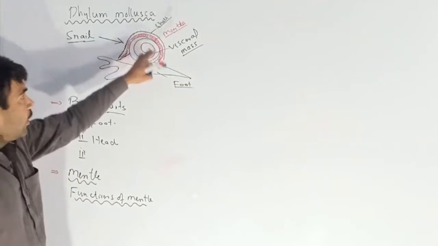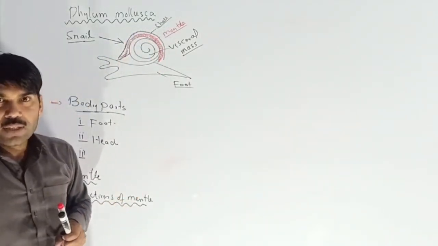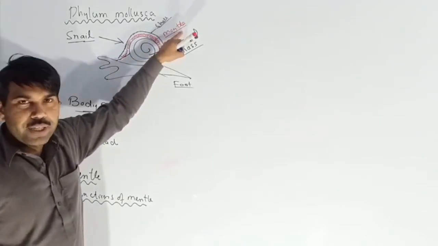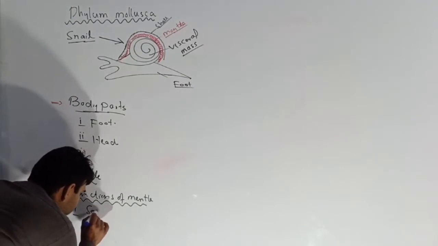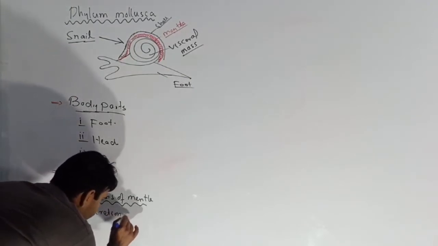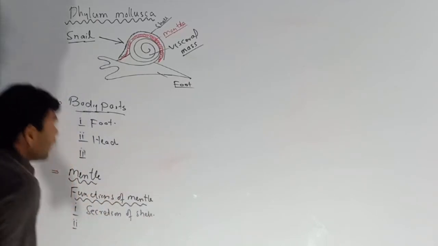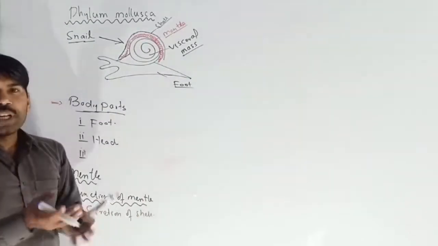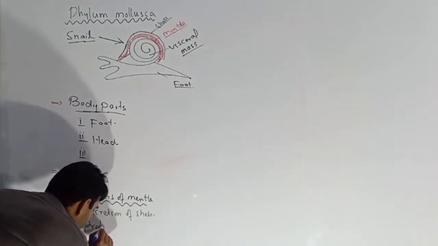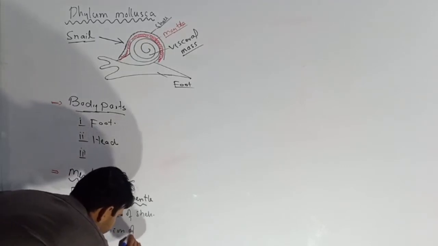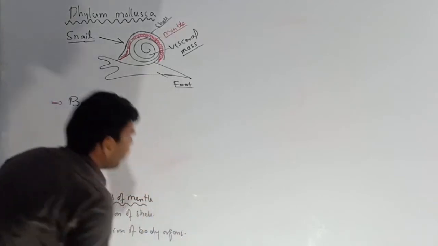Besides shell formation, there are also some other functions of this portion known as the mantle. The first function is secretion of shell. The second function of the mantle is covering and protection of visceral body organs.